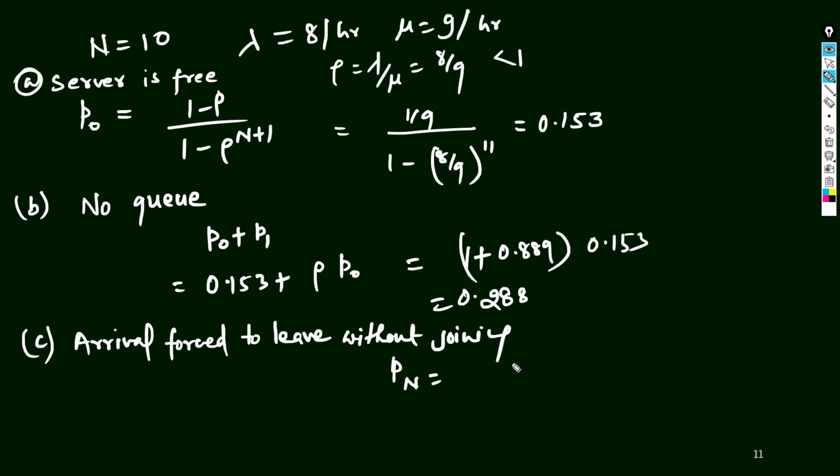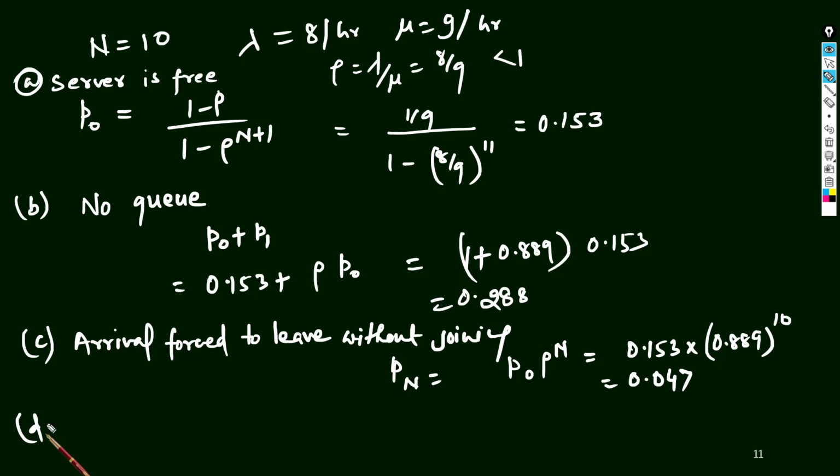Pn is P naught into rho to the power n. The P naught value has come 0.153 into rho, that is 0.889 to the power n. N is 10. How much is this? 0.153 into it is coming 0.047. This has also increased.